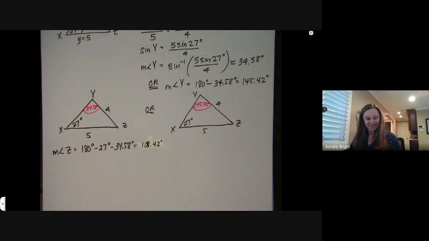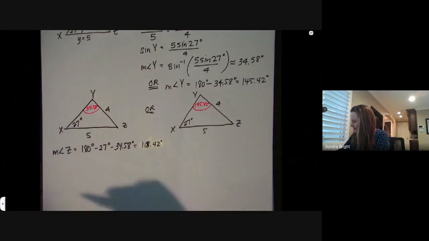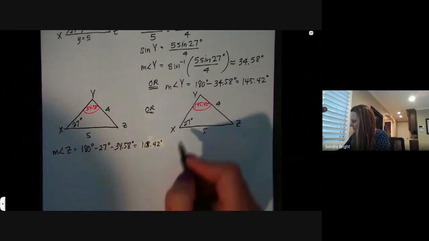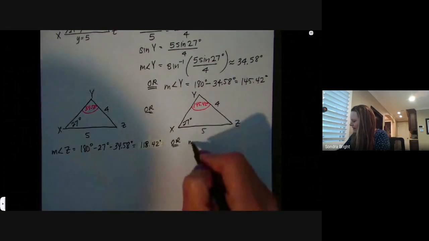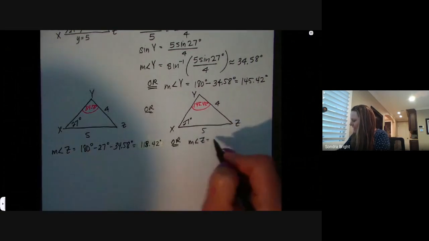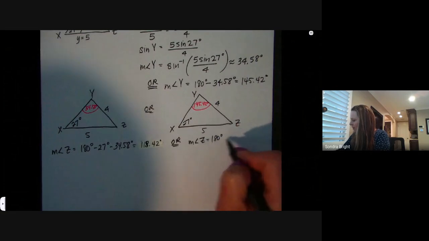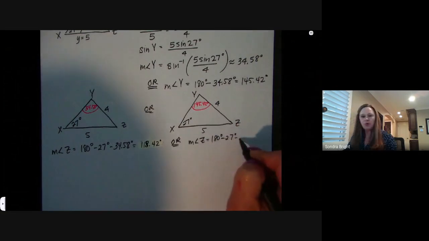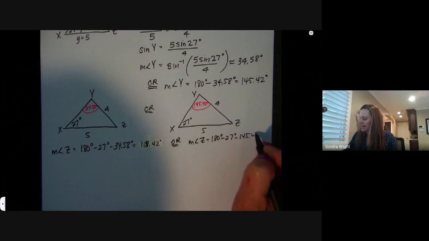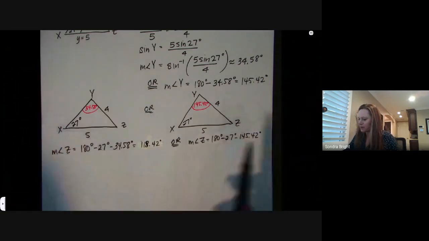Okay. Or if there is a second triangle, this guy's angle for Z would be 180 minus the 27 and minus 145.42. And how you know if there are 2 triangles is if you get an actual positive value for angle Z here, then you've got 2 triangles that work.